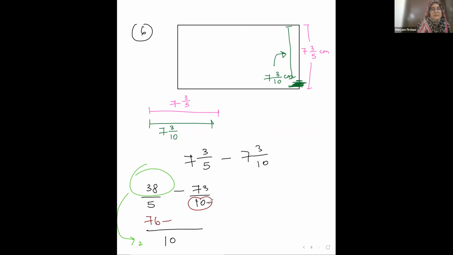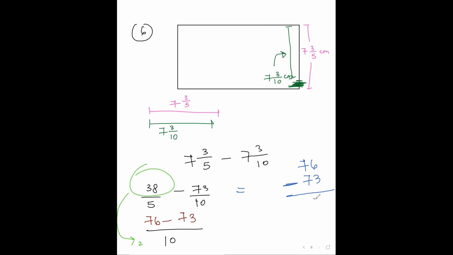Minus. So this 10 stays as it is, and the 73 will also be as it is. 76 minus 73. 76 minus 73 is? No, 3.